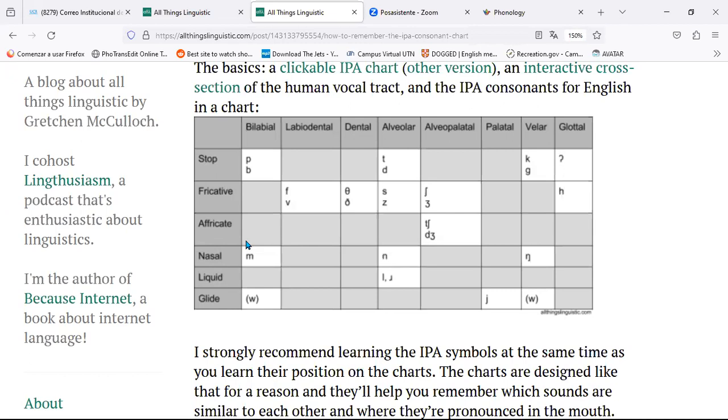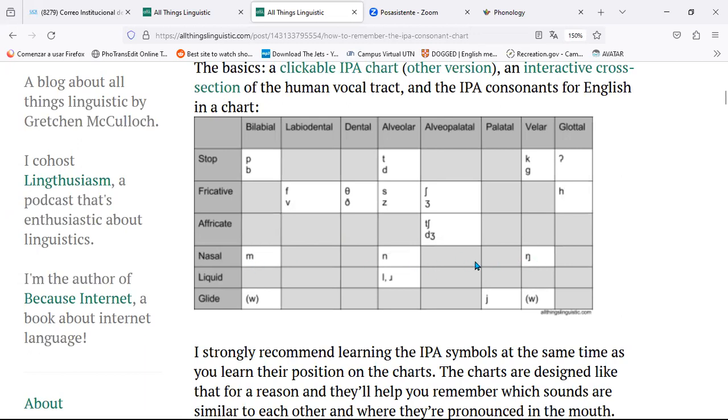Now, for this process to be understood, we need to understand the relationship between these cells that have two sounds in them, or also this line that has three sounds in them.